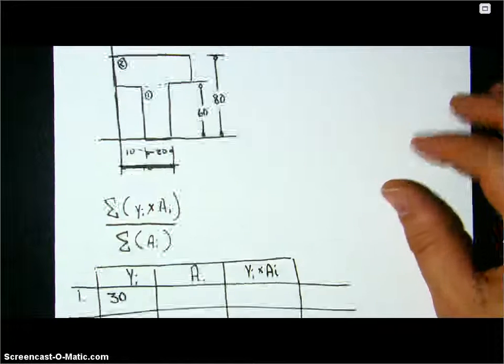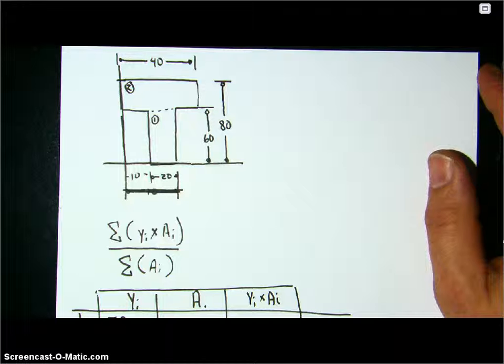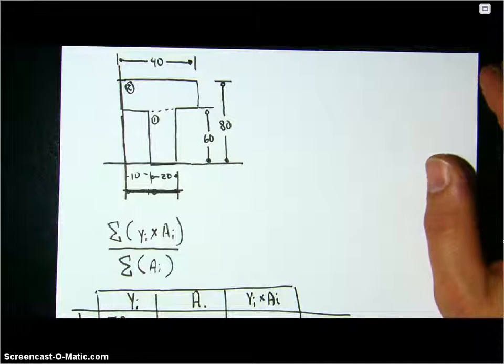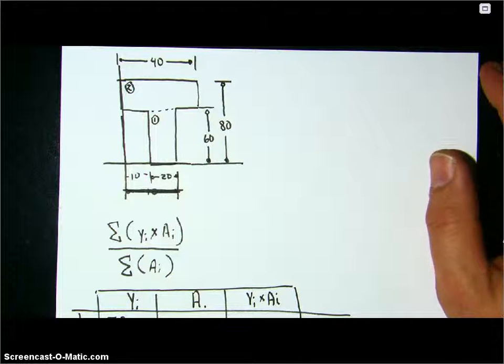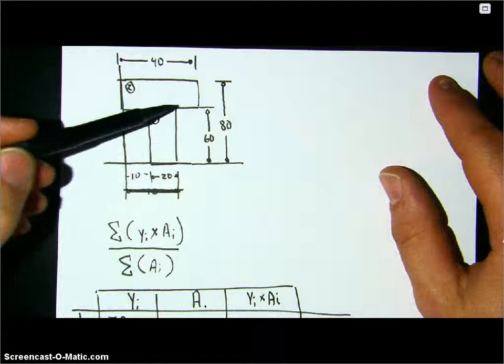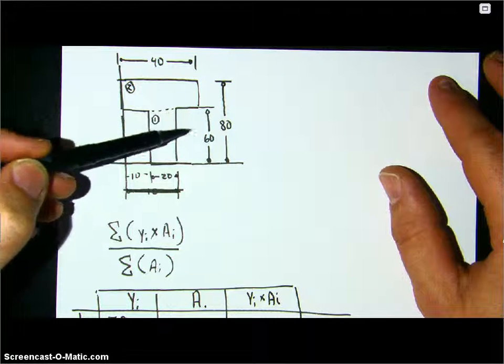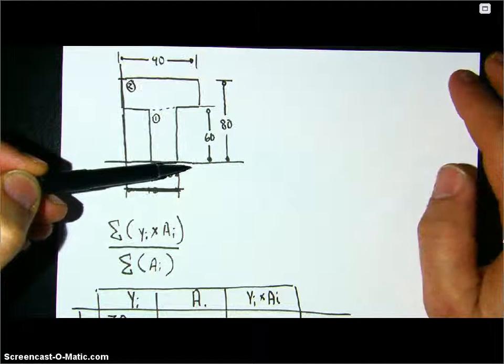Okay? Now, here's the tricky part. For shape 2, we need to find half of its height. So what is half of shape 2's height? 10, right? But what we have to factor in is the distance that the bottom of that shape is from the reference line.